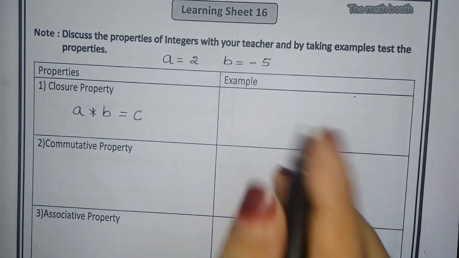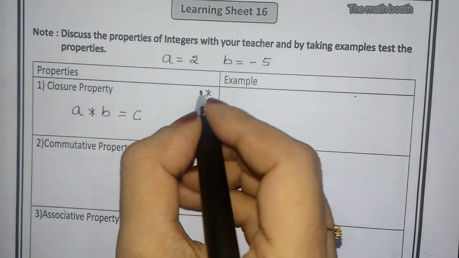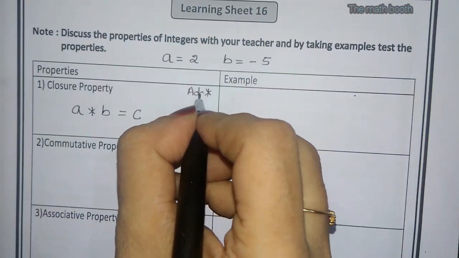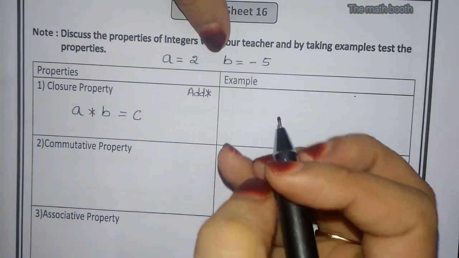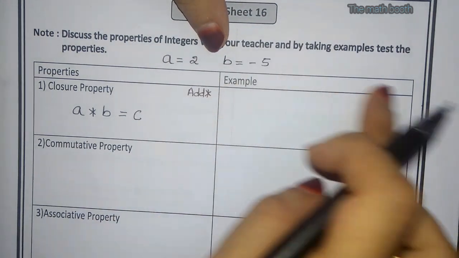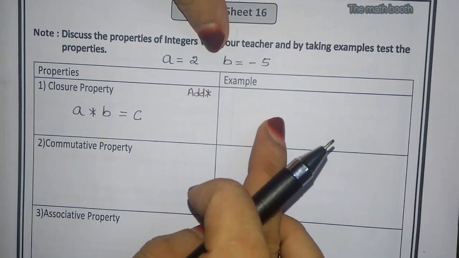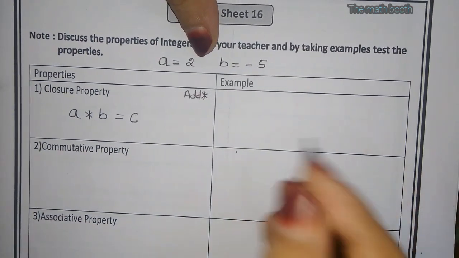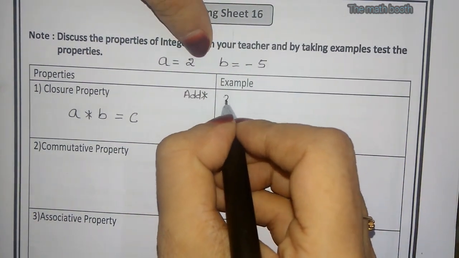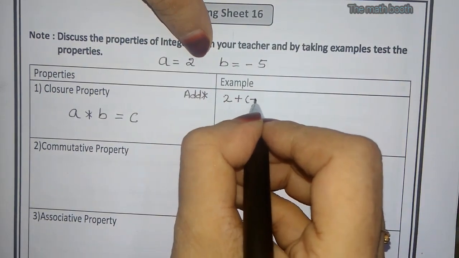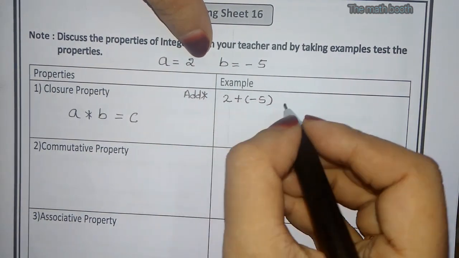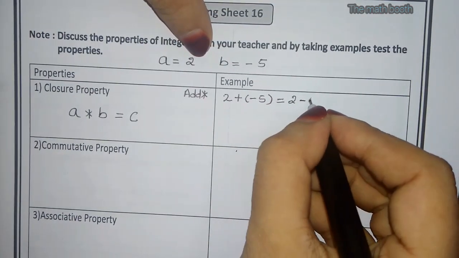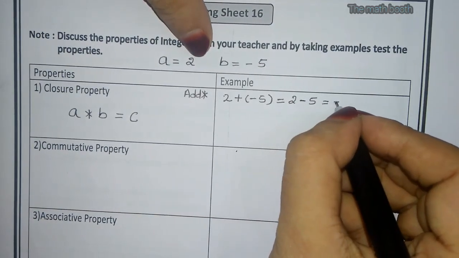Let us see under which operations it is closed. First we will go for addition. I will write small here because there is very little space. In this small space we have to complete addition, subtraction, multiplication and division. Addition: 2 plus minus 5. 2 plus minus is minus, so 2 minus 5 is minus 3.